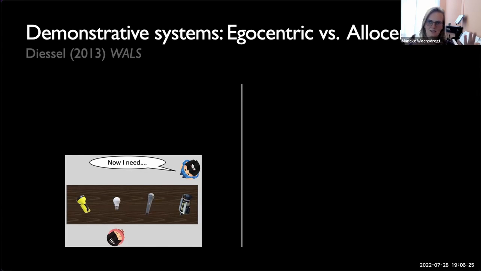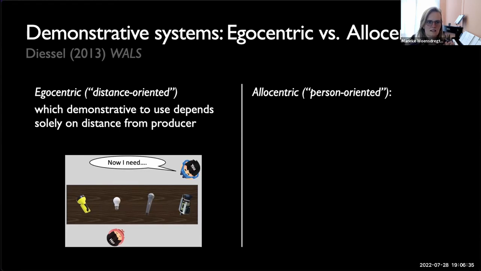Here I use egocentric and allocentric because I think the terms are a bit more transparent. So in an egocentric or distance-oriented system, what happens is that which demonstrative you use depends solely on the distance of the referent from you as a producer.